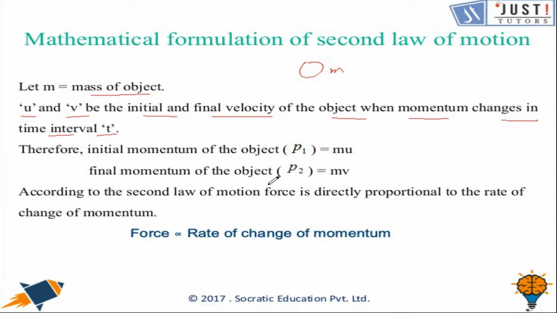Therefore, from the formula of momentum, which is p equals mass into velocity, we can say the initial momentum of the object is p1 equals mu, because the mass will remain the same, and we have u as initial velocity. Similarly, the final momentum of the object will be p2 equals mv.